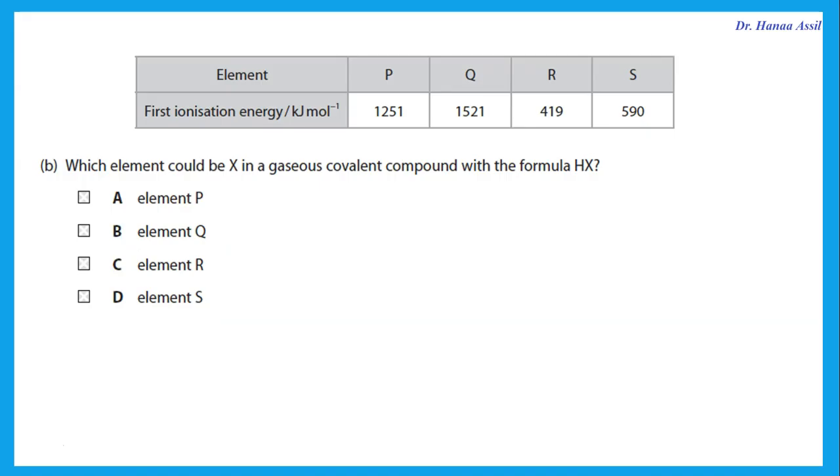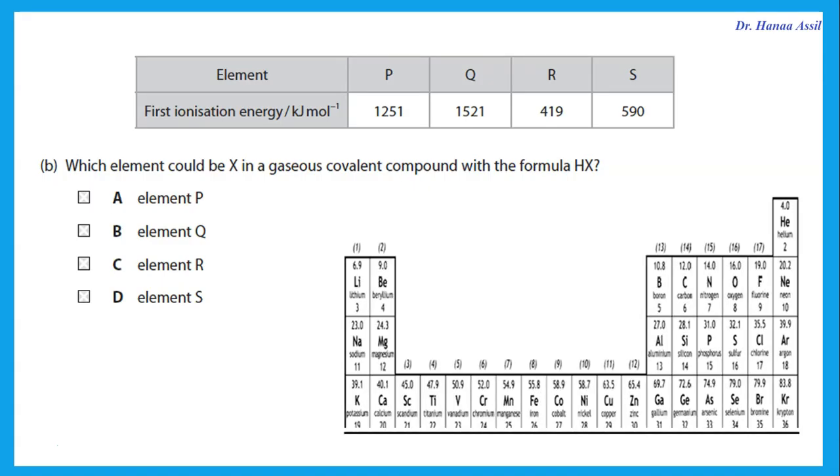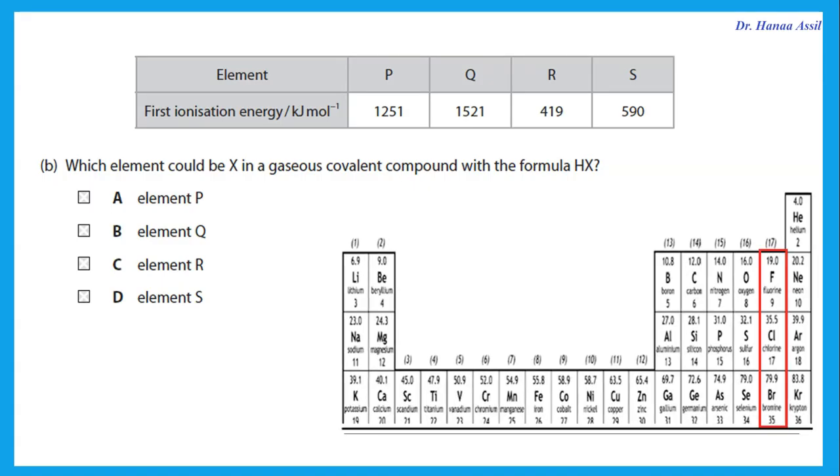Which element could be X in a gaseous covalent compound with the formula HX? HX means that it is a nonmetal, gaseous covalent, and valency 1. So I'm looking for something that is a gas, valency 1, so that means it's in group 7.